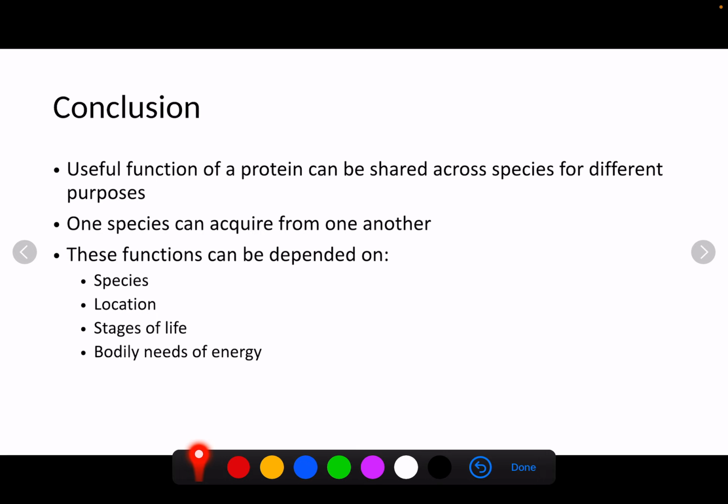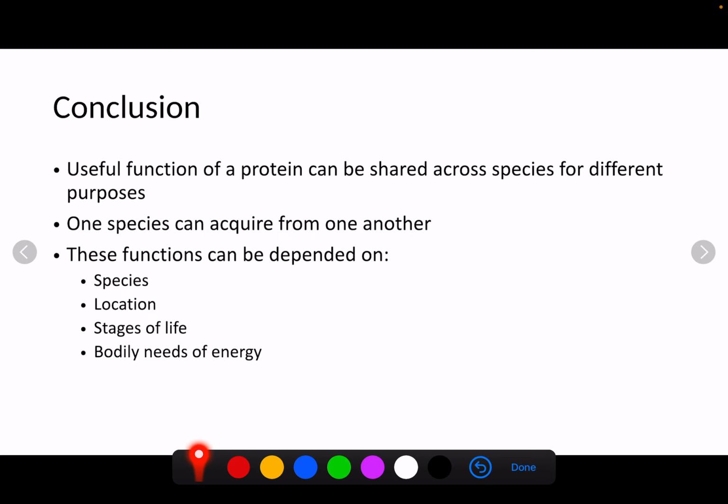So, in conclusion, a useful functional protein can be shared across species for different purposes. Here, an example is the virus versus the human. The human is trying to protect from radical damage. The virus is trying to do the same thing, but because it is infecting under the skin layer, it wants to survive better. And one species can acquire a function from another.